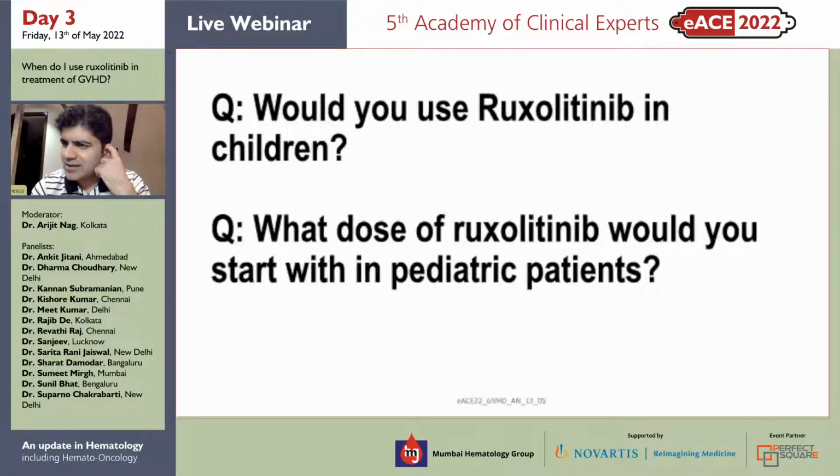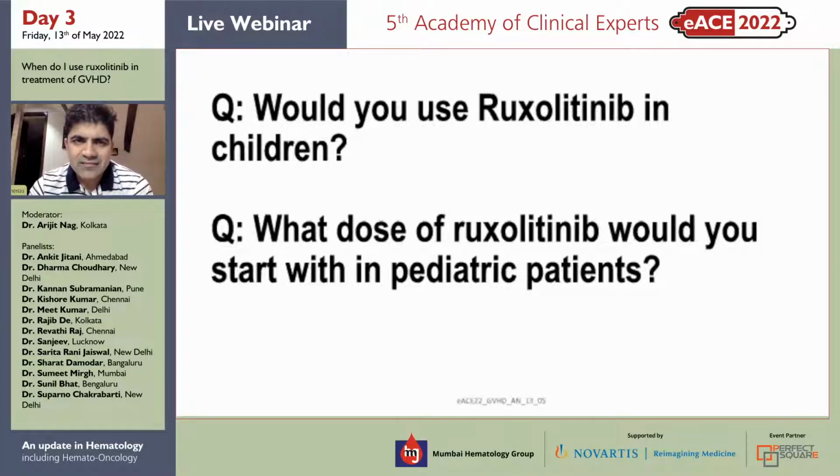One is that I've seen that it should be used early rather than late. Sometimes, especially in the earlier experience when it was not readily available, we used it as a burnout agent: everything else had been used, and then you introduce Rux. We haven't seen good results there.